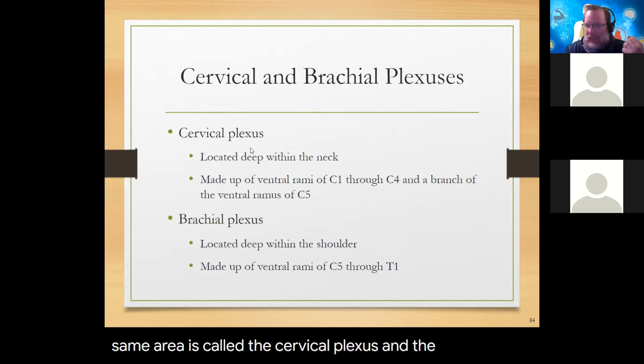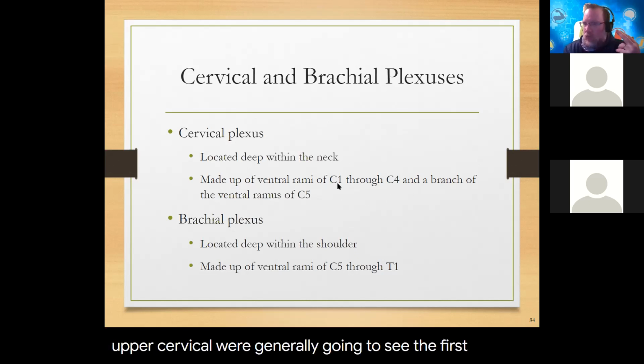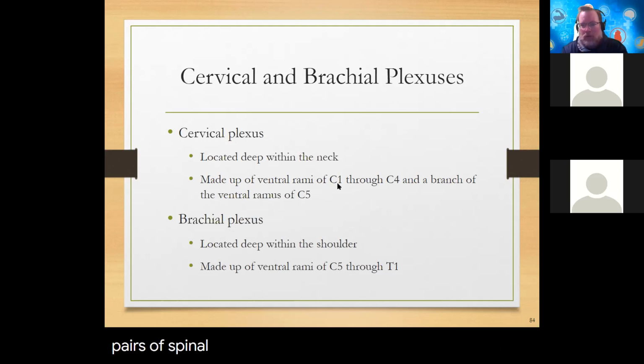And the cervical plexus is located, you guessed it, in the cervical region of the vertebral column. Primarily it's going to be those upper cervical nerves. We're generally going to see the first four pairs of spinal nerves converging and forming what we call a cervical plexus. I'll pull an illustration of that up in just a second.